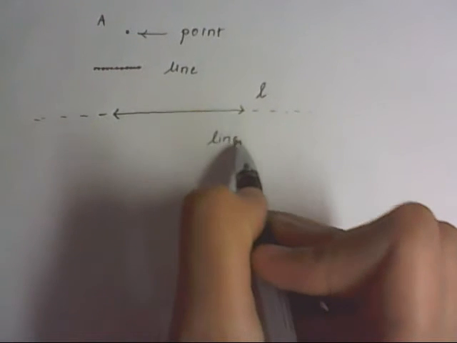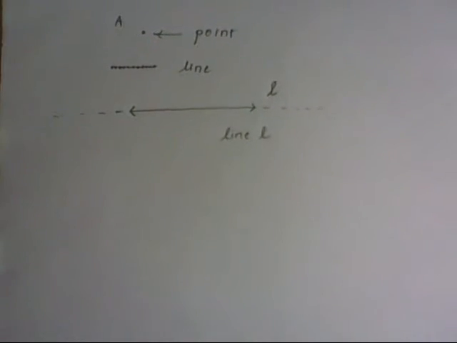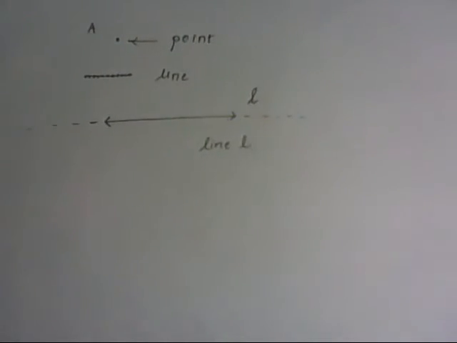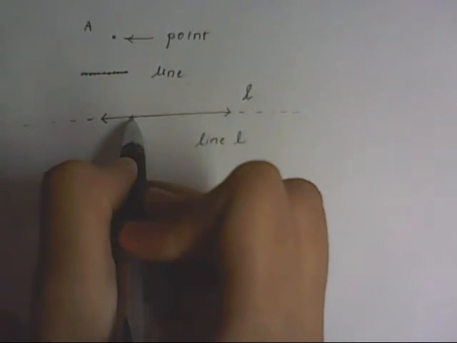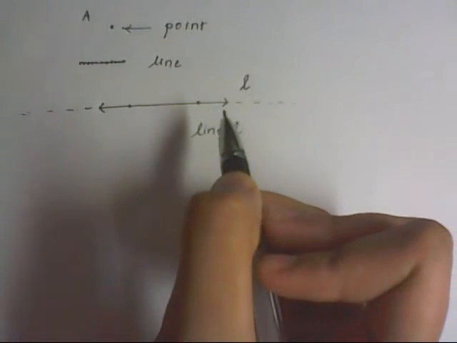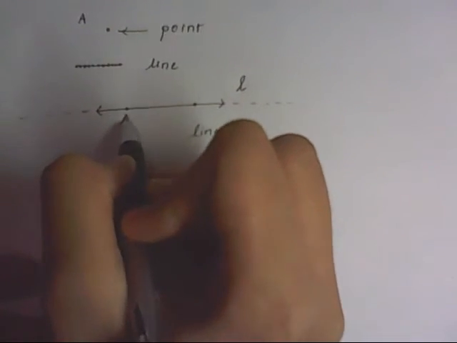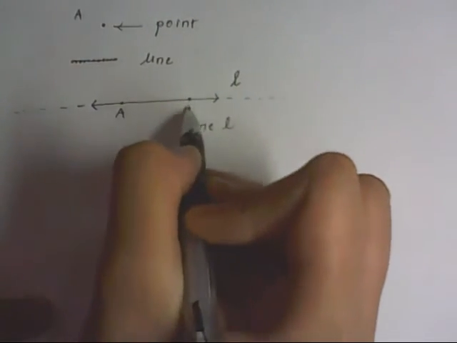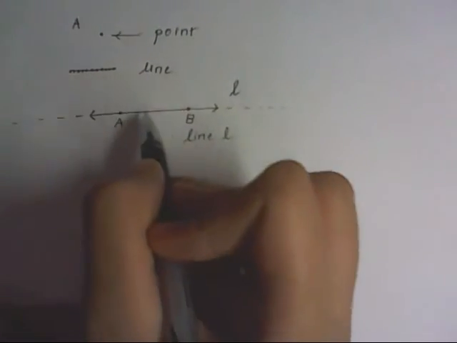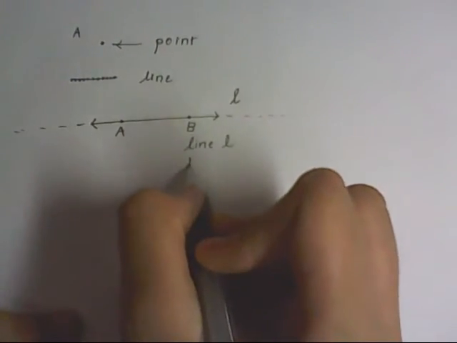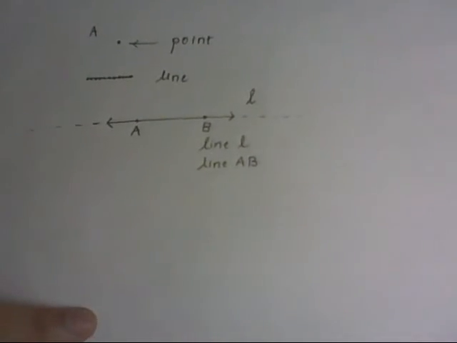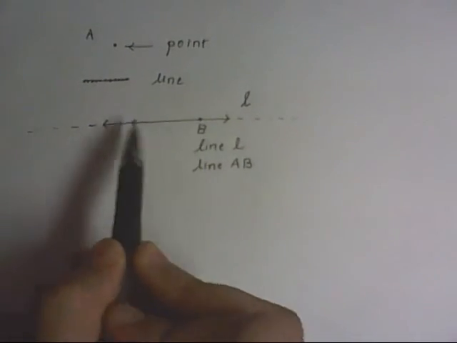Line L. Now there is another way of representing this line L. Consider the 2 points on this line, as line is nothing but a set of points. So let us consider this point A and point B on the line. So line L can now also be said as line AB by considering the points A and B on this line.